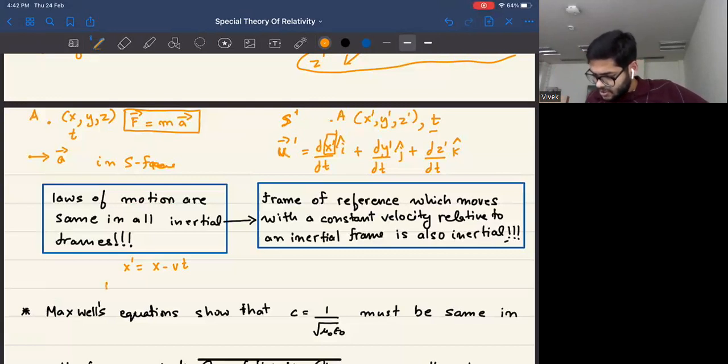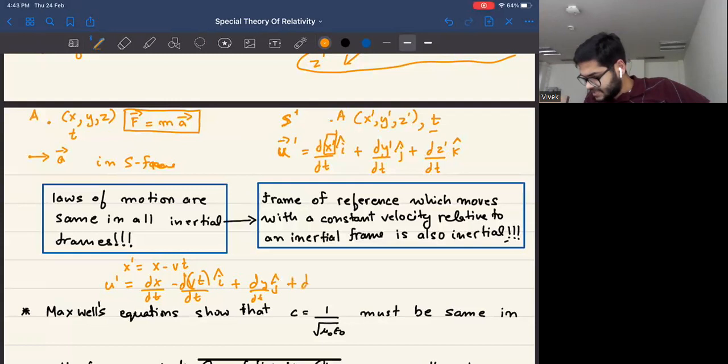So in this frame, the velocity of the particle is going to be equal to dx over dt minus d over dt of vt i cap plus dy by dt j cap plus dz by dt k cap, which is equal to u, which is the velocity of the particle in S frame, minus v in the i cap direction.